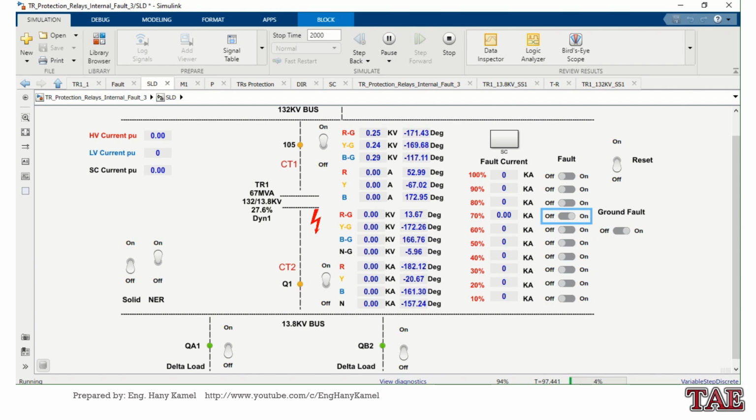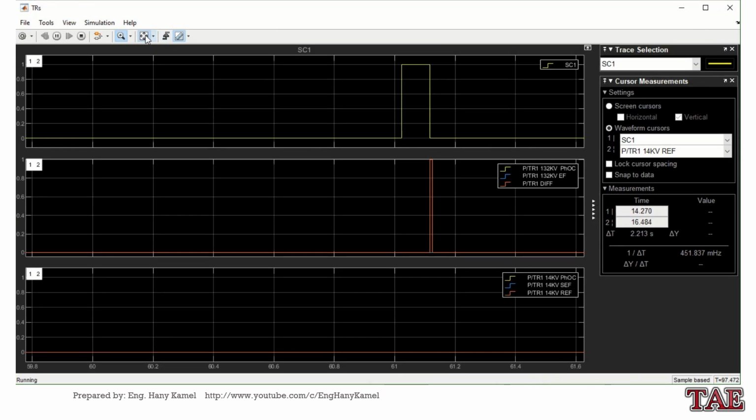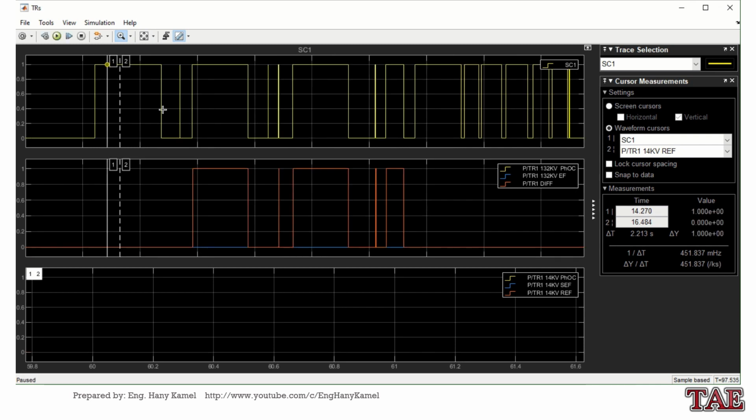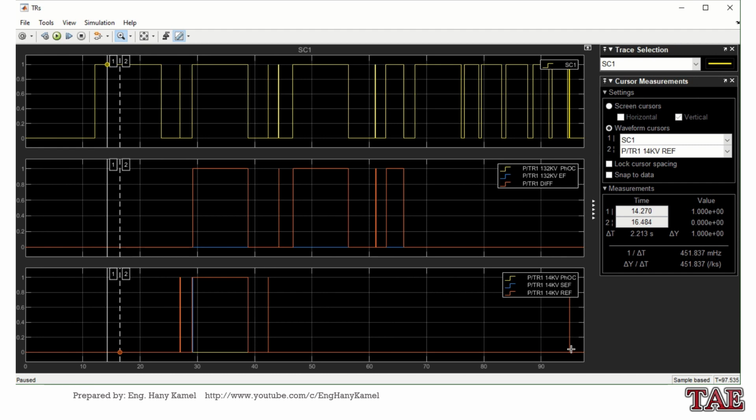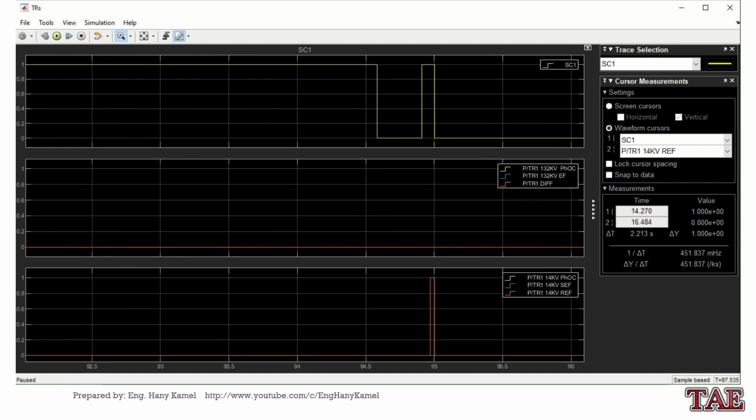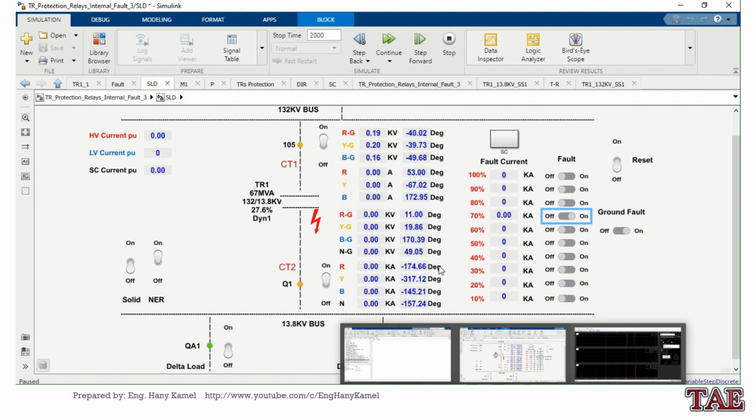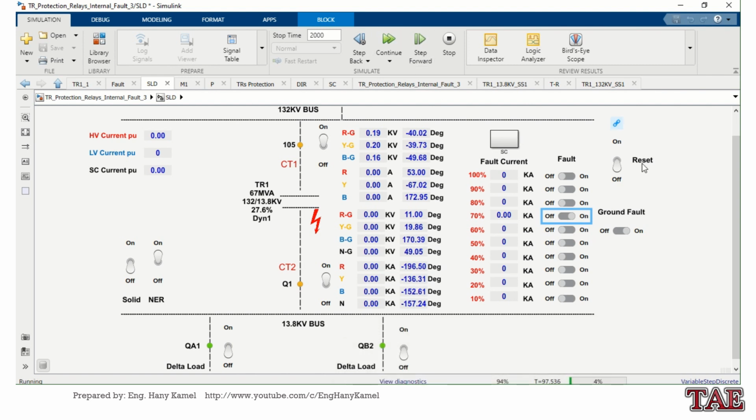You can see which trip function. It's restricted earth fault. We can make force reset.